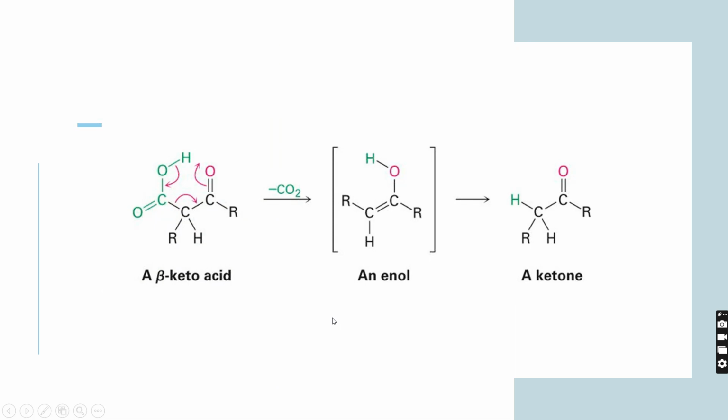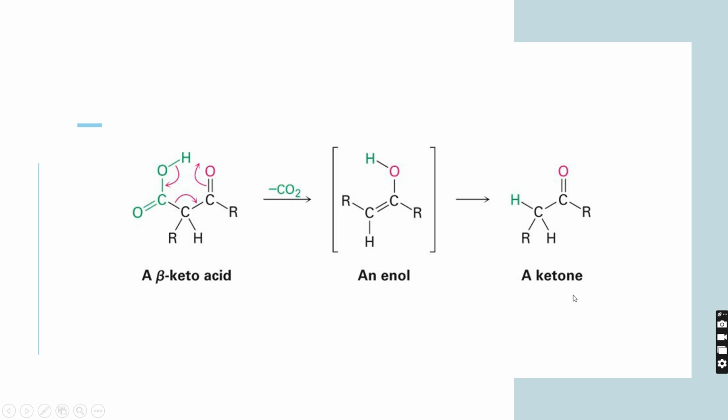What happens when you heat the beta keto acids? They can undergo a transition state which is similar to this structure written here, and they can easily undergo decarboxylation to give you an enol of this form. But it doesn't stop at this enol form, of course. It will undergo keto-enol tautomerism to give you ketone.